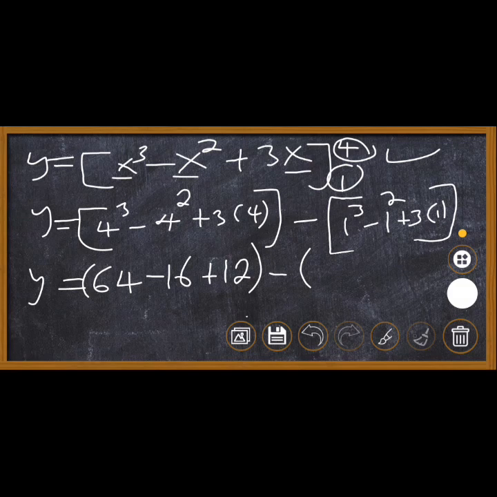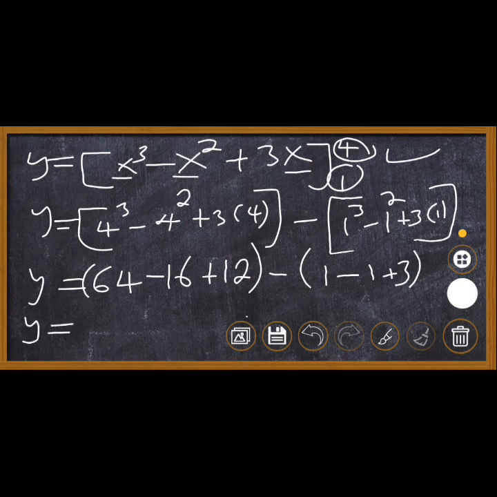So whatever value 1 will be raised to, it's simply 1. So whether you have 1 power 100, 1 power 200, 1 power 0, 1 power negative, whatever number you have as the power of 1, it's simply 1. So 1 power 3 is simply 1. 1 power 2 is 1. Then 3 multiplied by 1 is 3.